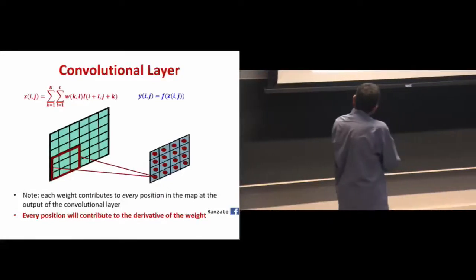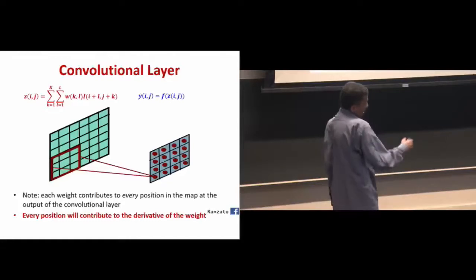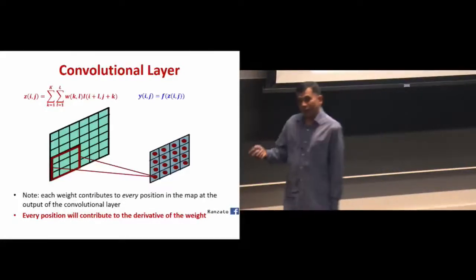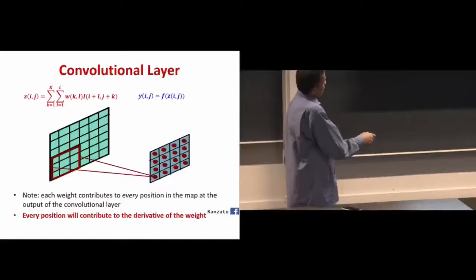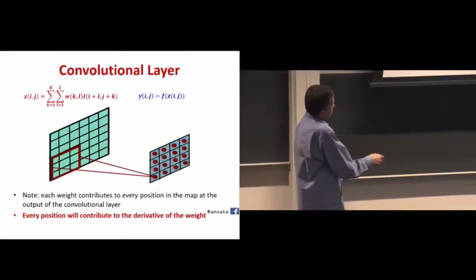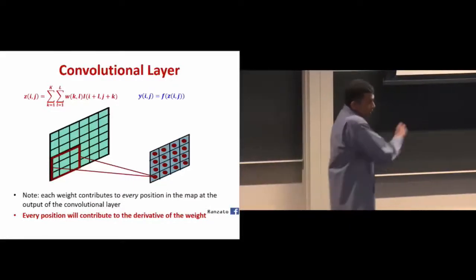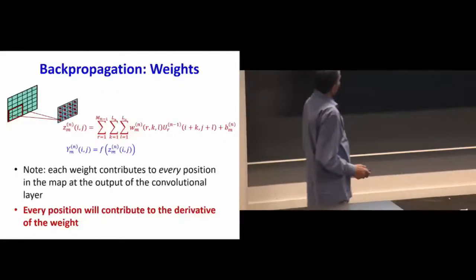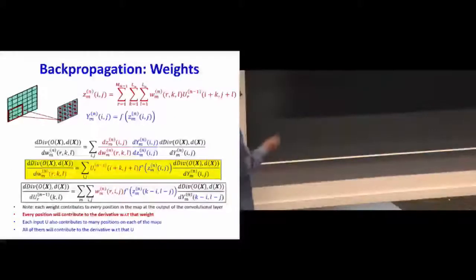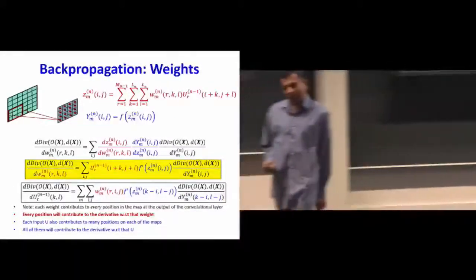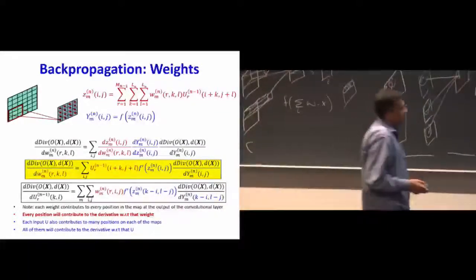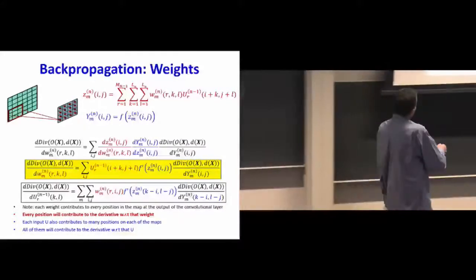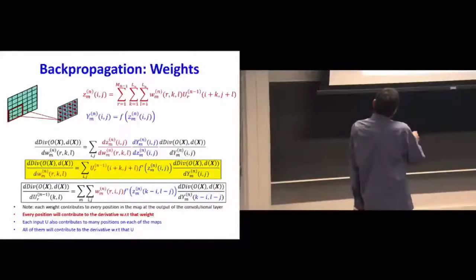So if you want to see what the derivative of the divergence with respect to the weight at this corner is, you'd have to sum over all of the terms that that particular weight actually affects. And so that's going to have a fairly ugly formula, which I'm actually not going to explain. But if you look over the slides, it makes sense, in the sense that what we are really doing is we are summing over all of the positions, and within each position you are summing.